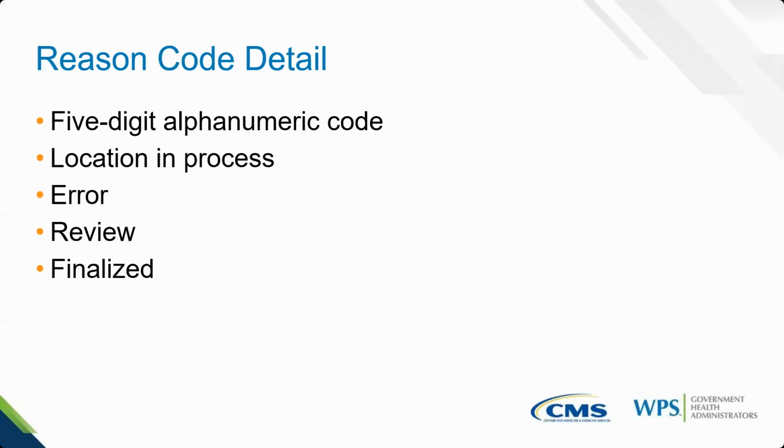And one could be like the occurrence code date's wrong, and one could be you can't use this modifier with this revenue code. So you'd have to fix every single one of those reason codes in order for the claim to continue along the process.